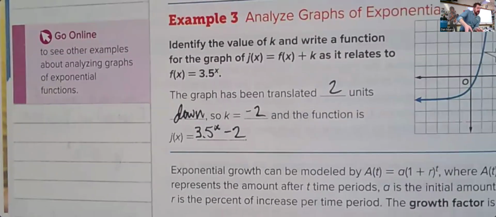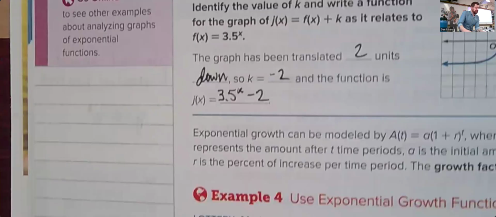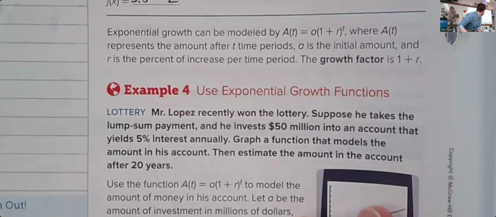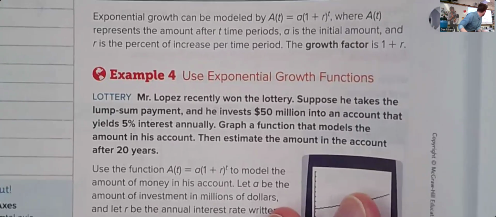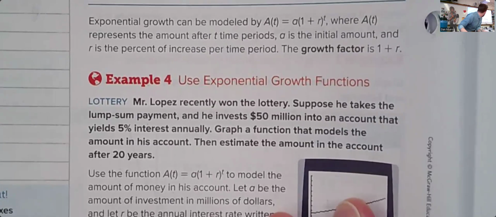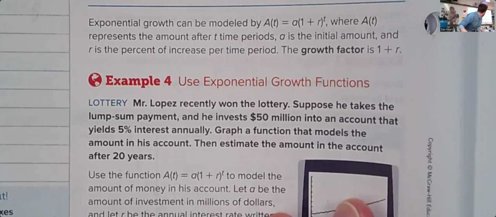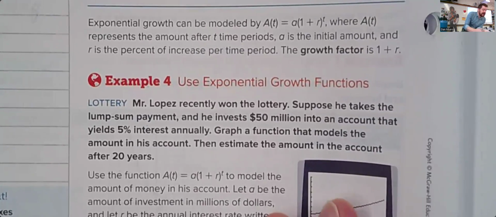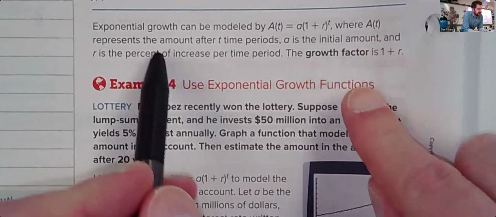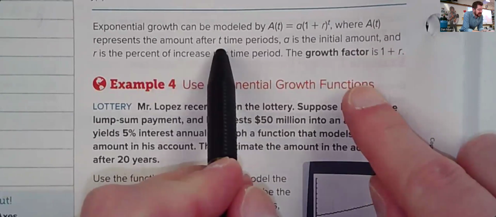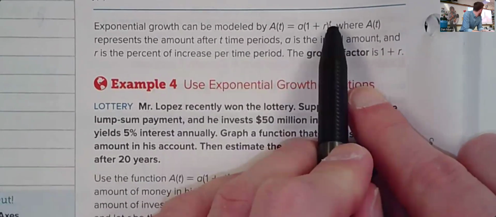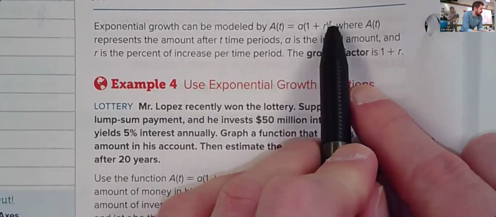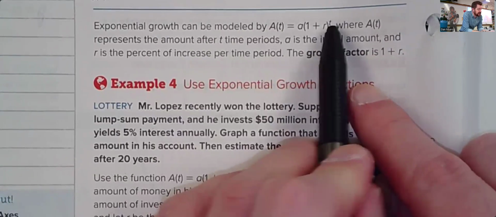So exponential growth can also be modeled by A of t equals A times 1 plus r to the t power, where A of t represents the amount after t time periods. So our exponent of t corresponds to the x-axis, but t is representative of time.